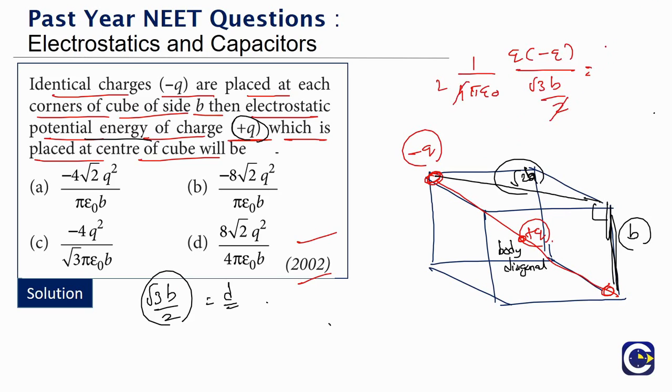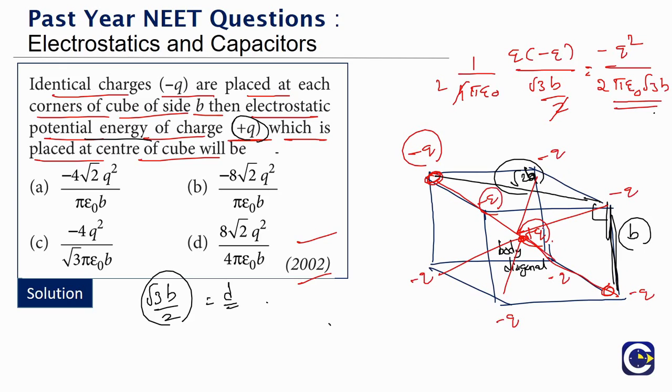So it is minus Q square by 2 pi epsilon naught into root 3B. Now this charge will engage in totally 8 such potential energy interactions, because we have 8 minus Q charges, one at each corner.